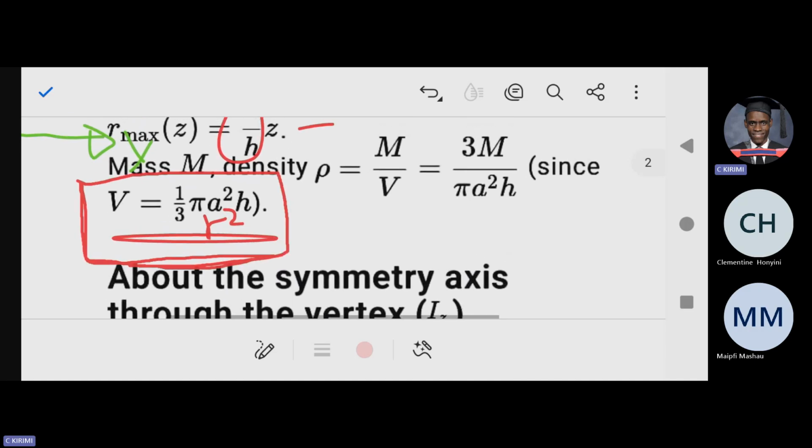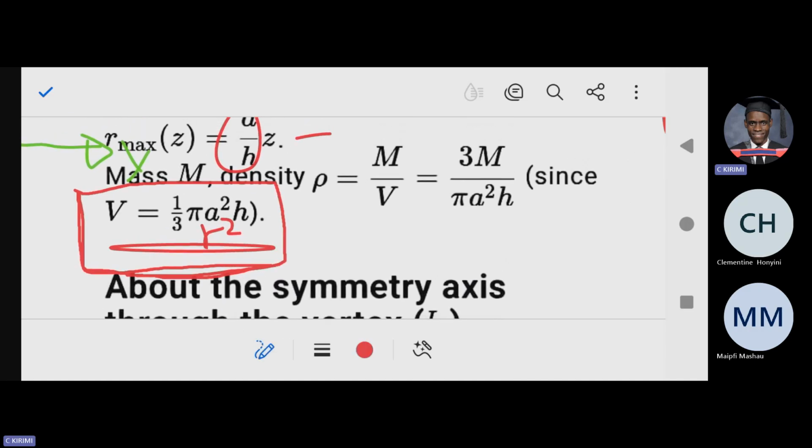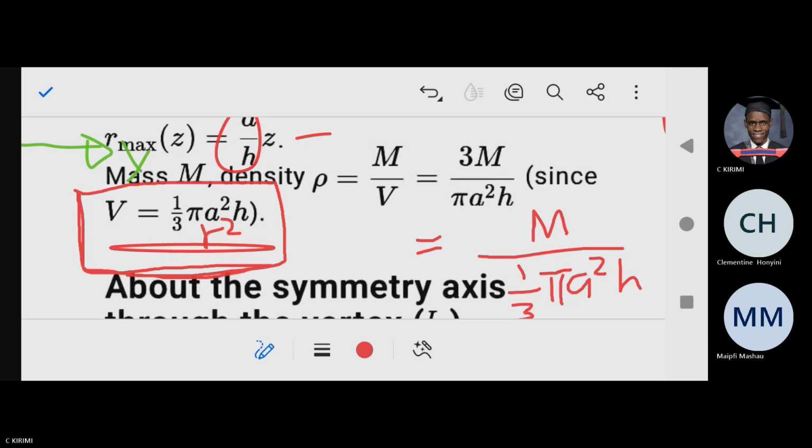Density, you must know by head: mass M over volume. What is volume? It's 1/3 pi A squared multiplied by H. If you divide by 1/3, it's the same as multiplying by what? By 3.